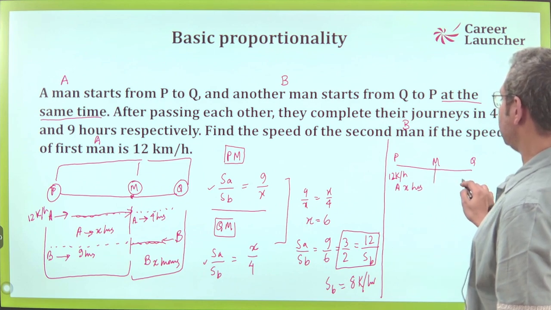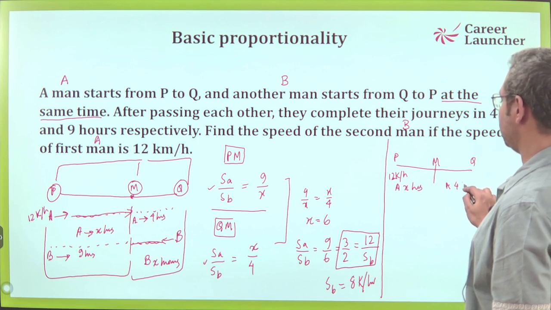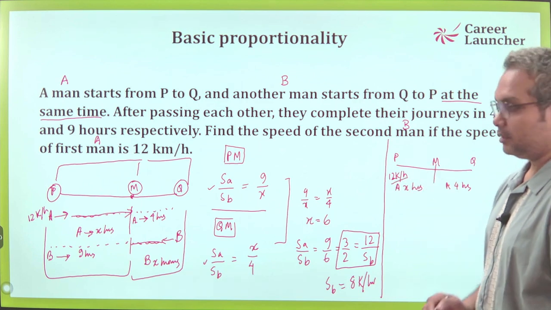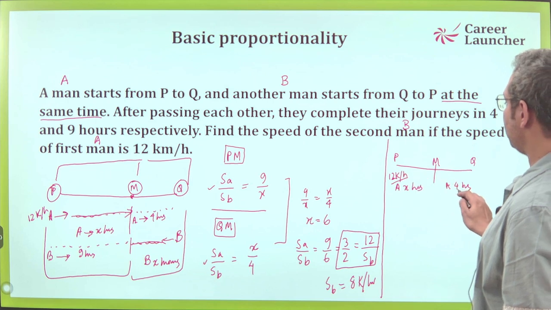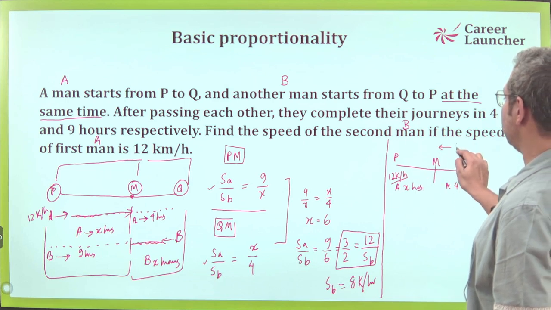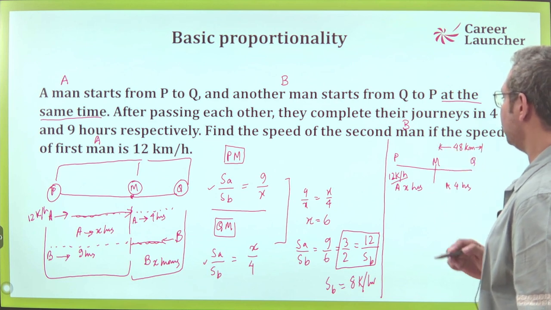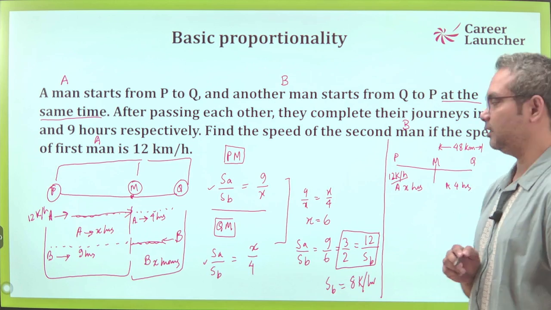And for this part A has now taken 4 hours, but A speed is 12 kilometers per hour, we know that already. So 12 kilometers per hour for 4 hours, that means this distance clearly is 48 kilometers.